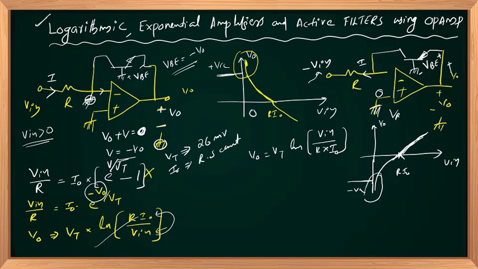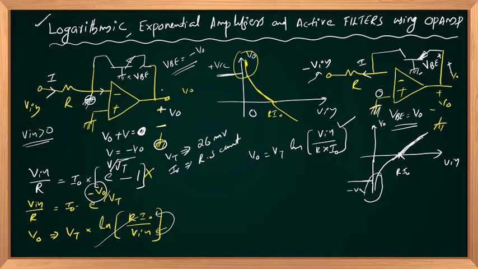In this example, VBE is the same as V out. So we'll have the same expression here, right, and the characteristics will also match each other.